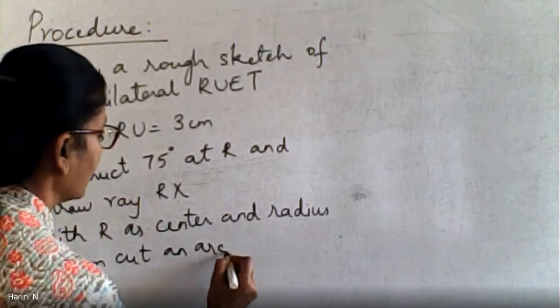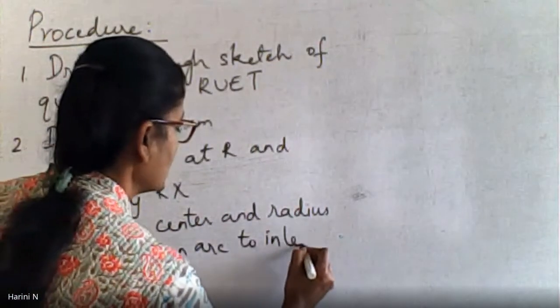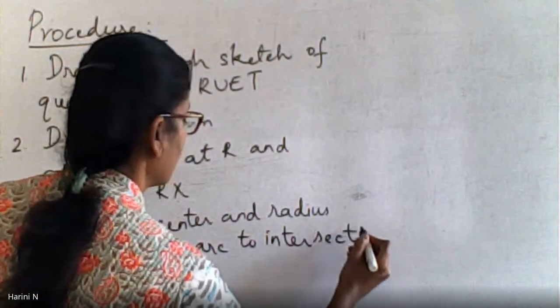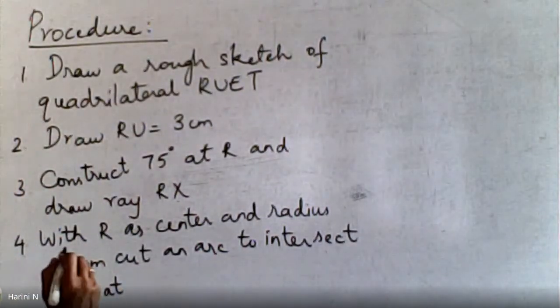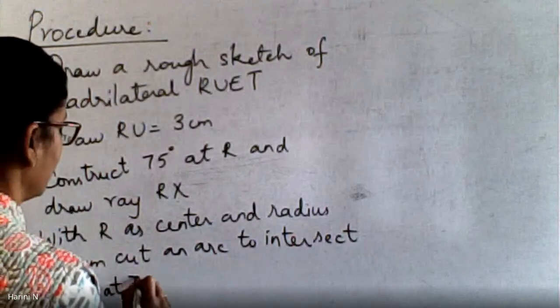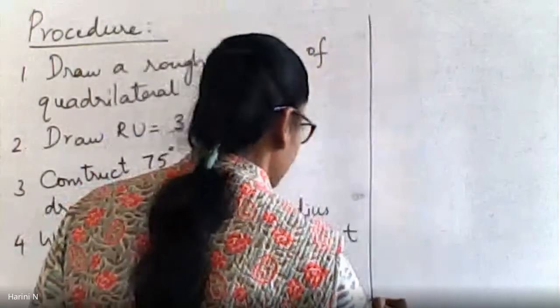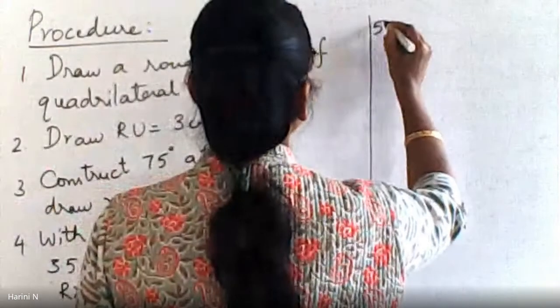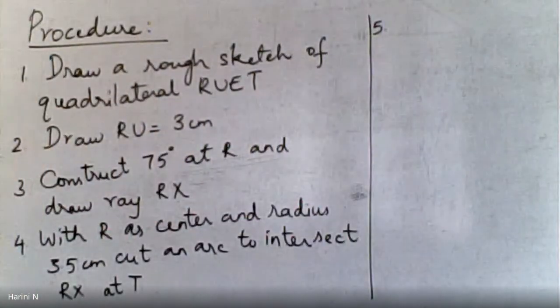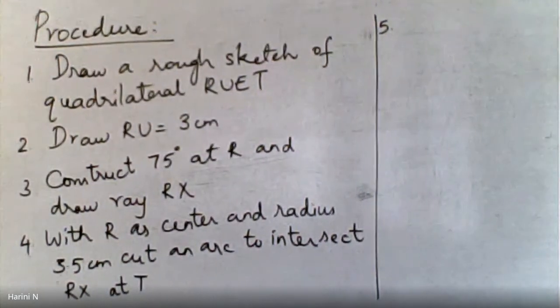Cut an arc to intersect RX at T. Next step, construct 120 degrees at, where are you constructing the 120 degrees?